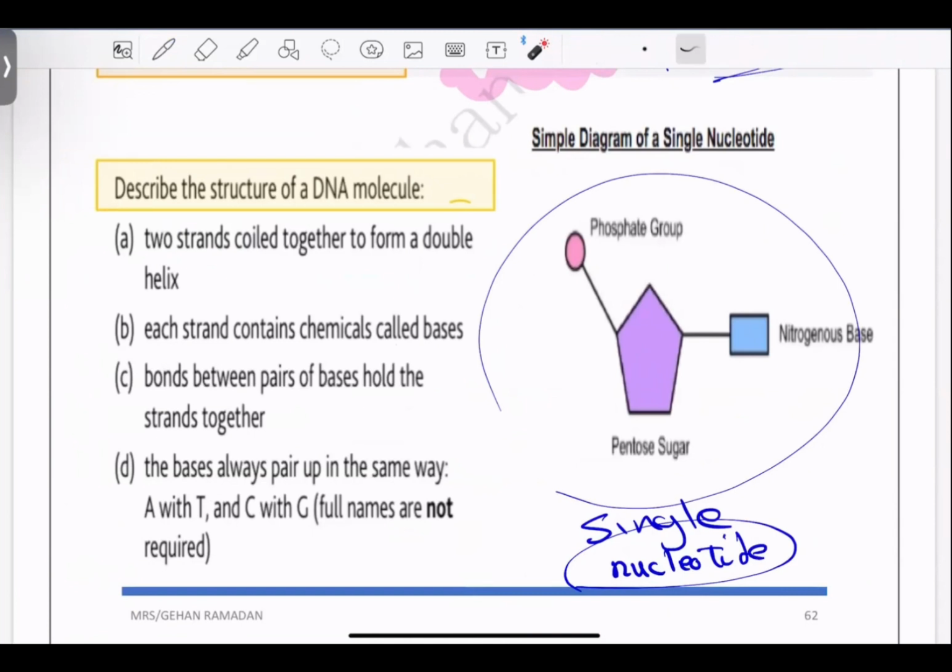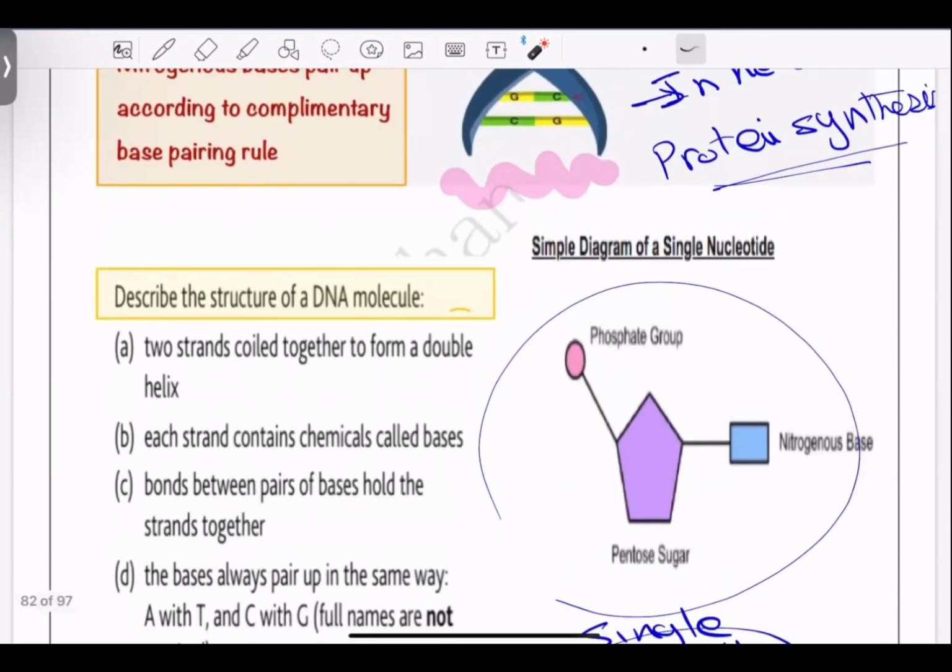It's formed from a nitrogenous base connected to a sugar called pentose sugar, and also connected to a phosphate group. So sometimes in past papers he asks for drawing the nucleotide and mentioning its structure. Do you get it?